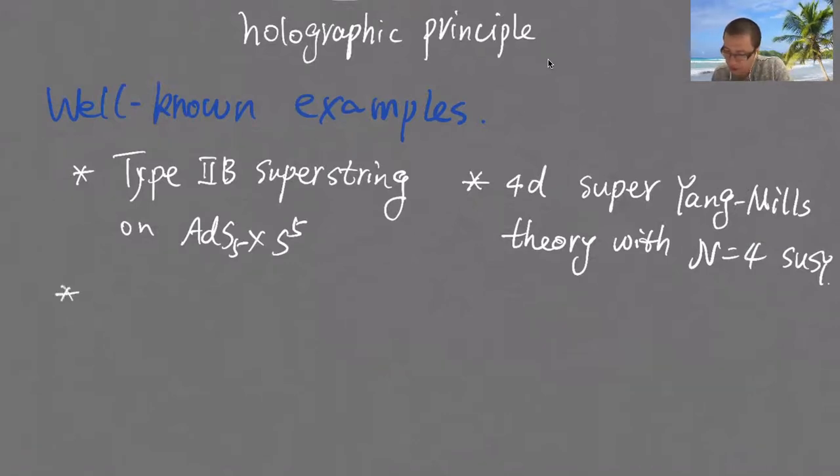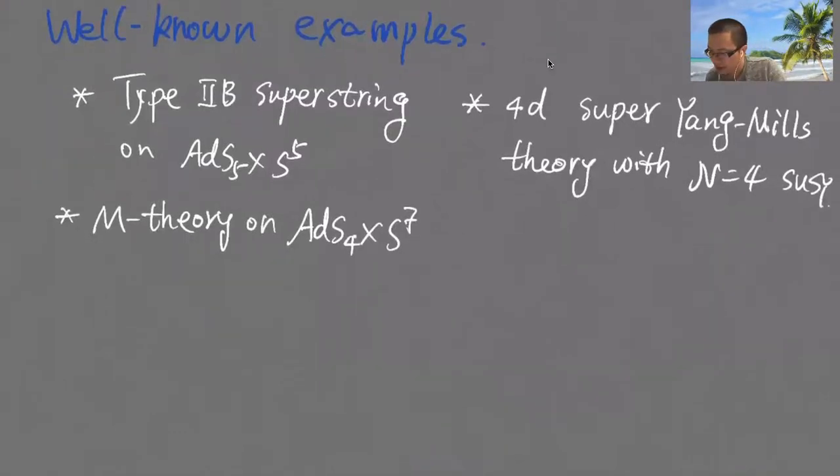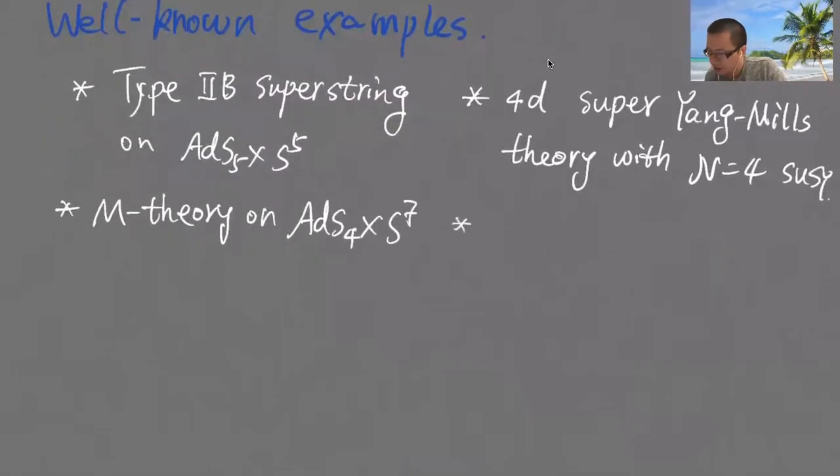Another example is where we have M theory on AdS4 × S7. Remember, M theory lives in 11 dimensions, and the dual theory lives in 3 dimensions. So it's a 3-dimensional conformal field theory, again with supersymmetry.